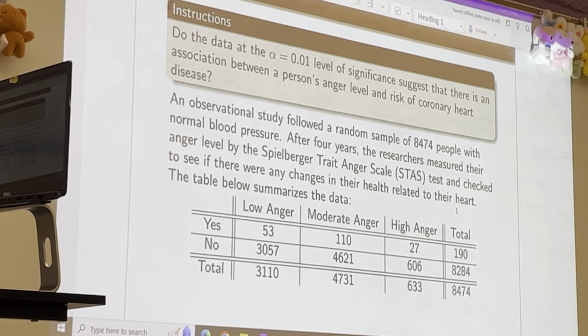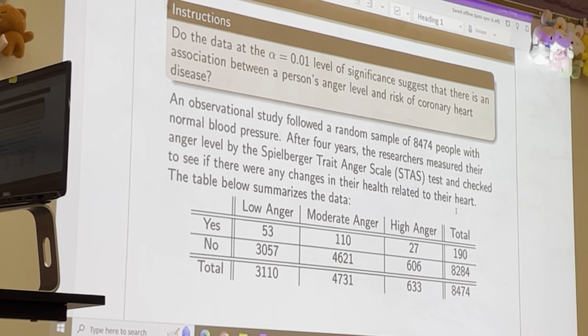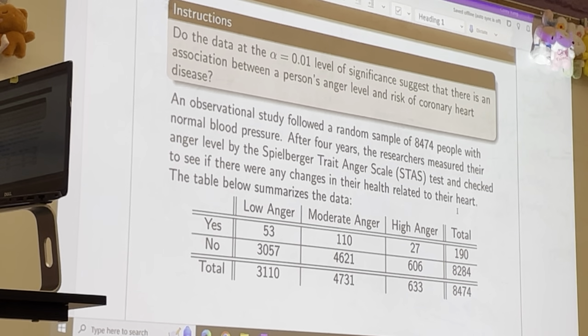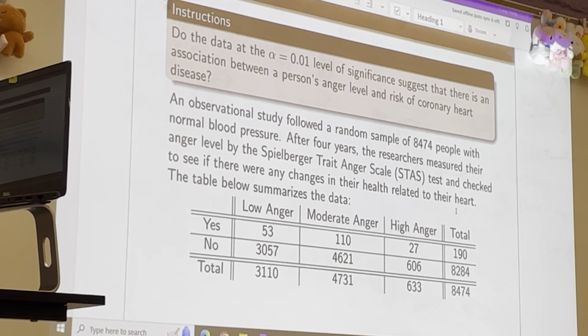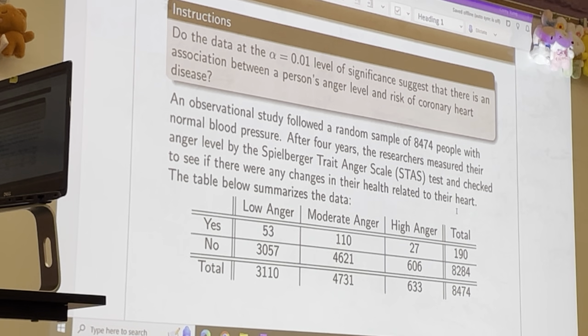In this problem, there's an observational study of a random sample of 8,474 people with normal blood pressure, and then after 4 years, because it's an observational study, they measured their anger level by some scale and checked their health with regards to their heart in terms of their risk of heart disease. And the information is summarized in the table right there.